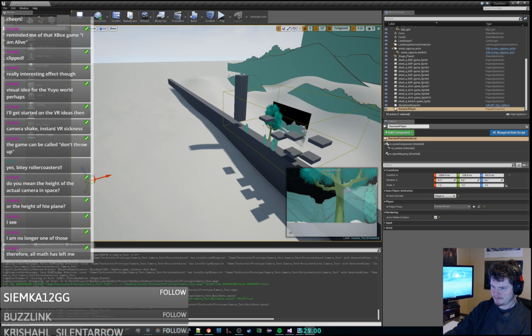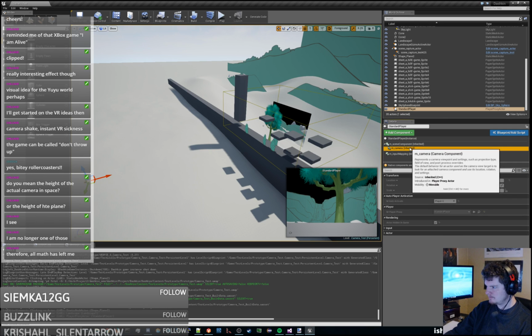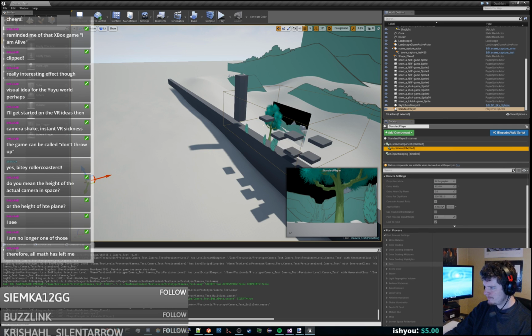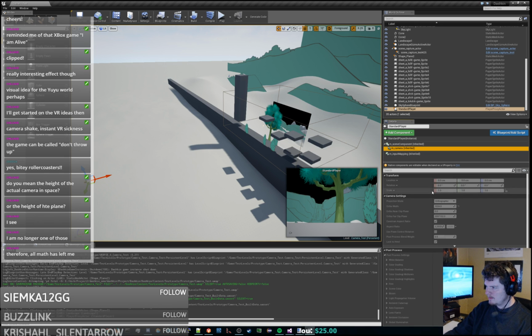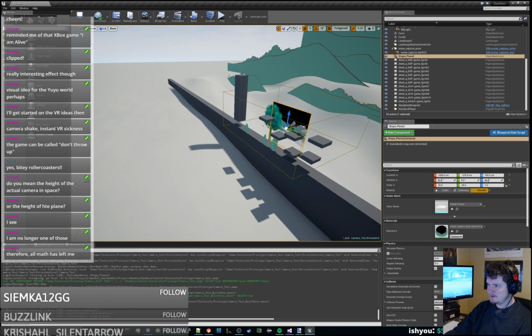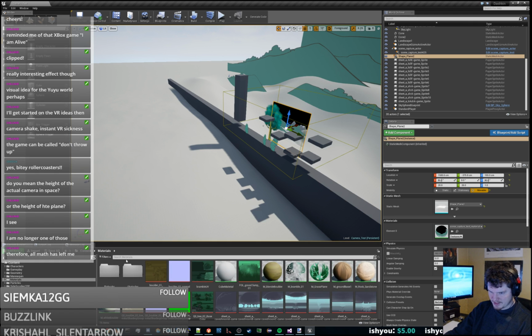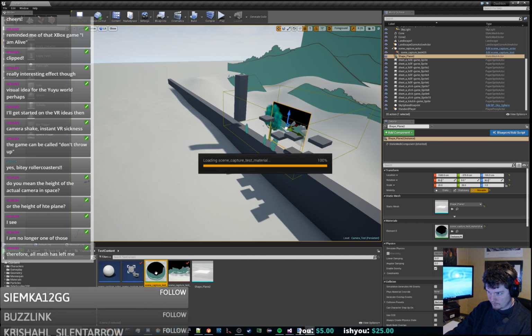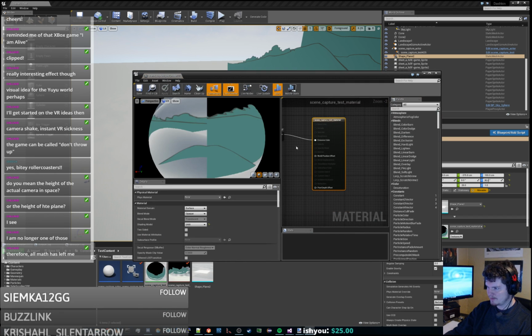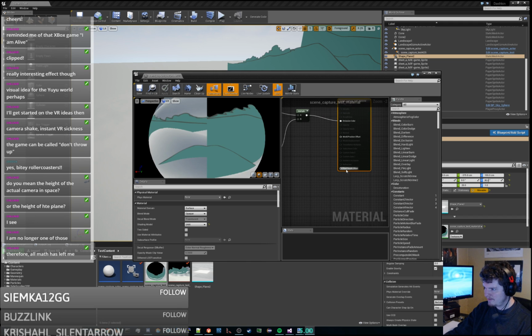For our orthographic camera we need to change how we do depth sampling. The depth sampling on this material, I don't really know exactly how to do this. So it's like our test material, our pixel depth offset.